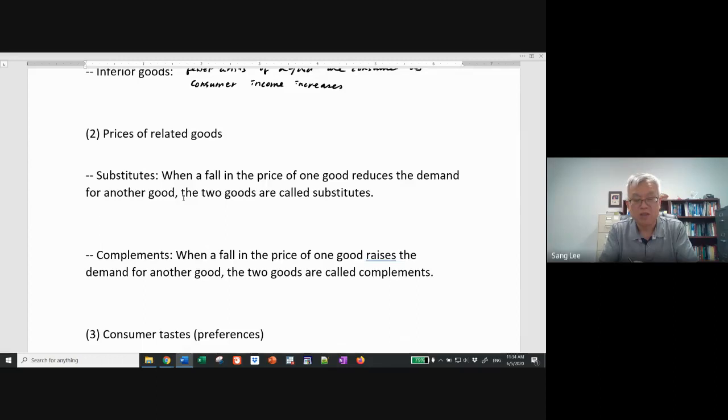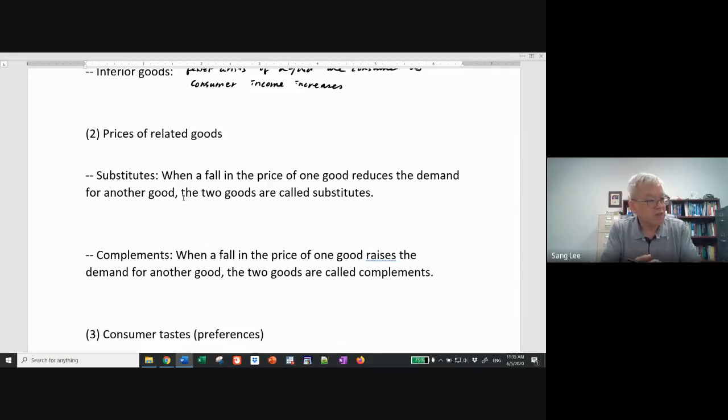Okay. For example, why would you drink a Pepsi and Coke together? Either you drink a Pepsi or Coke. So Pepsi and Coke are in competition. The substitutes. Okay. Can you find some other examples of substitute goods?